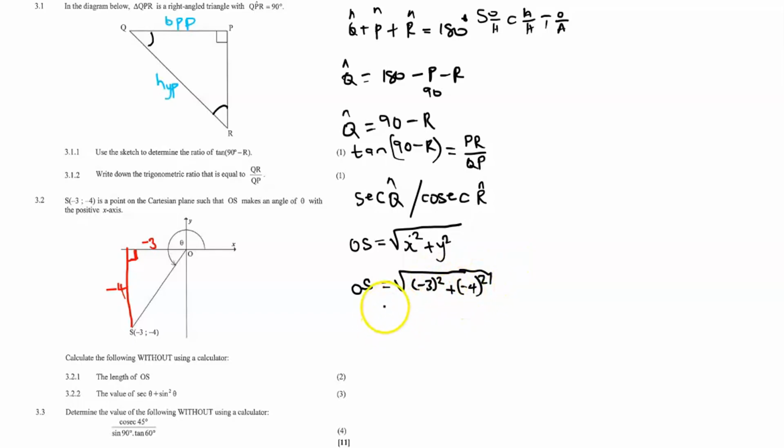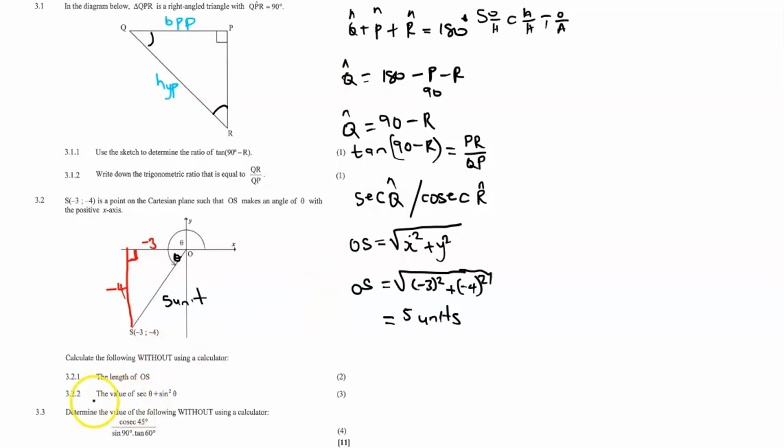This will be 16. 9 plus 16 gives us 25, so the square root of 25 is going to be 5 units. So we know this to be 5 units. And then obviously we are going to take this as our theta, which will give us 180 plus theta.